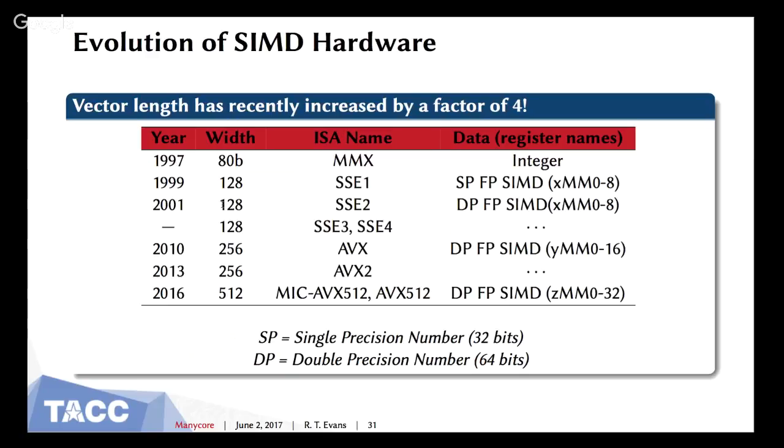So for SSE2, 128 bits is 4 single precision floating point. So 4 words. If you're running in double precision, 2 words. So it can operate on 2 words at the same time, or it can do 2 floating point operations on double precision in the same clock.